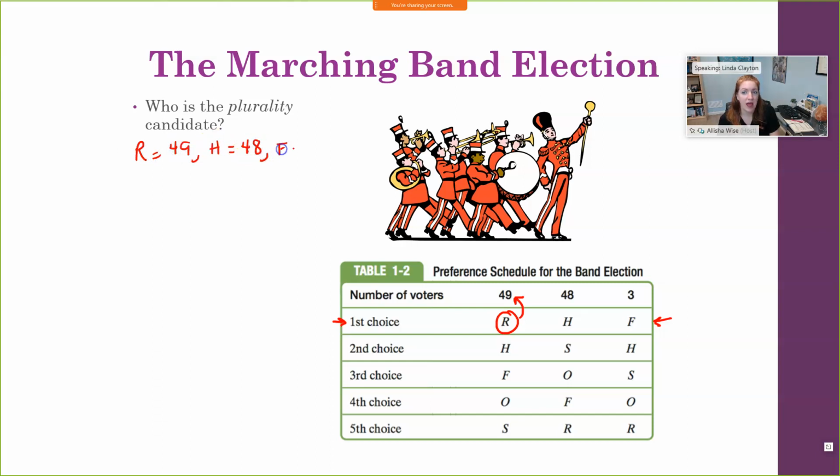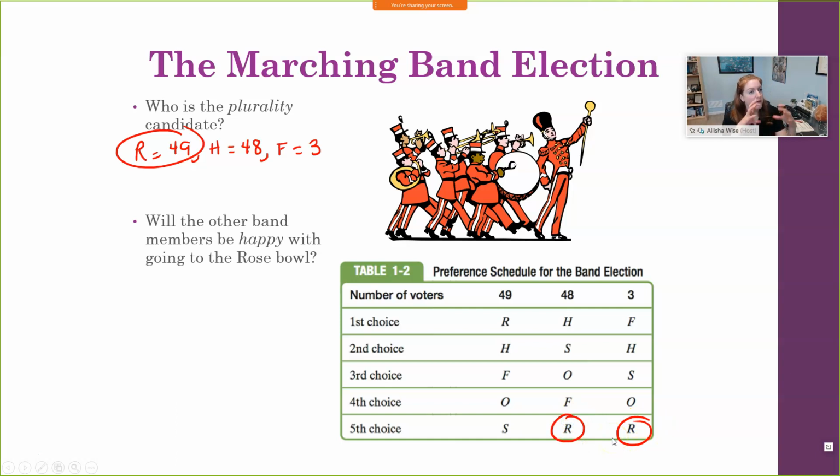Very good. So Rose would win because they have 49 votes. But if you look here, it looks like Rose is last place for the other 48 plus 3, which is 51 members. So more than half the members are like, I don't really want to go to the Rose Bowl. So will they be happy? Probably not.